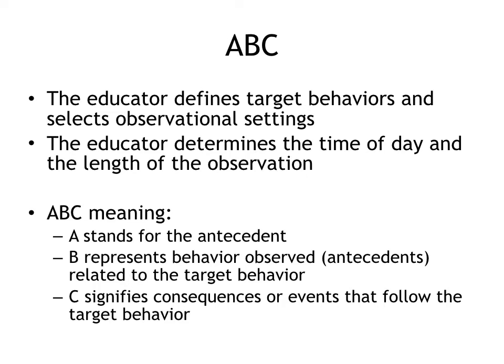So A means antecedent, what happened before the challenging behavior. B is behavior, you will observe the behavior, and C is consequence, you will see what happened after the behavior. So you can figure out why the behavior occurs by doing observations.